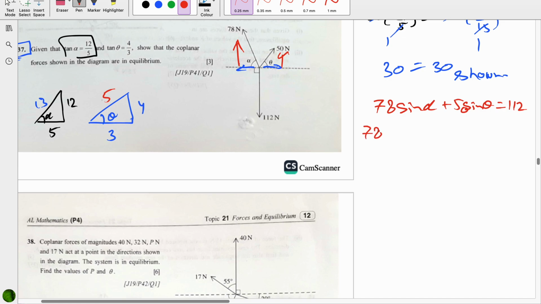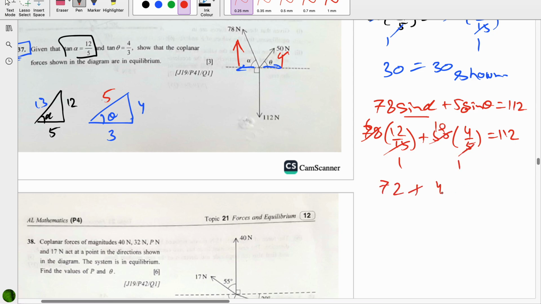So 78 again, sine alpha from this first triangle is 12 by 13, plus 50 sine of theta from the second triangle is 4 by 5, should equal 112. 78 by 13 is 6, so 12 into 6 is 72, plus 50 by 5 is 10, 10 into 4 is 40, and 72 plus 40 is 112 equals 112, shown that it is in equilibrium.